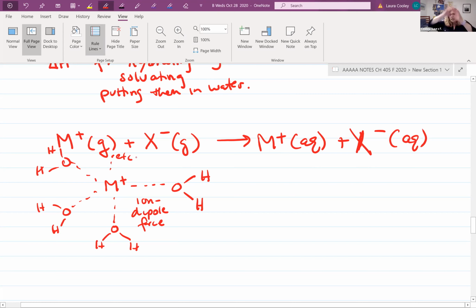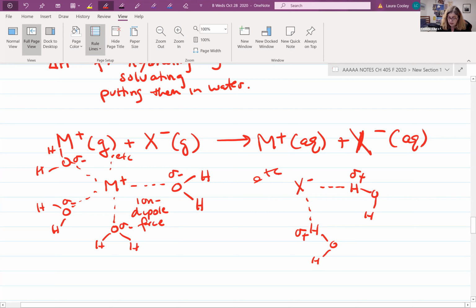And of course, the same thing would happen to the negative ion, with many water molecules around it as well. More ion dipole forces.